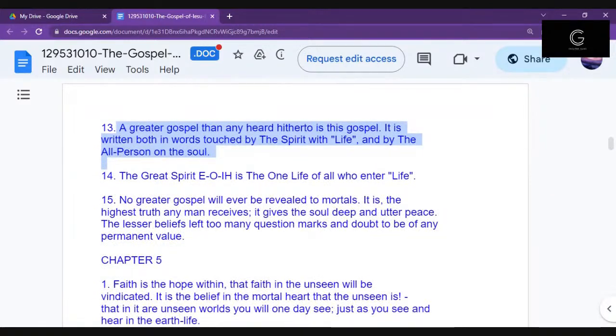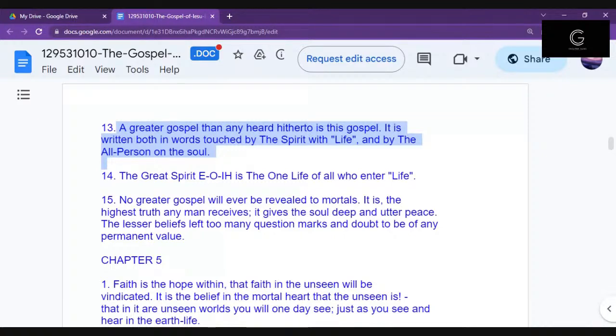The Great Spirit Iowa is the one life of all who enter life. No greater gospel will ever be revealed to mortals. It is the highest truth any man receives. What? It gives the soul deep and utter peace. It does.